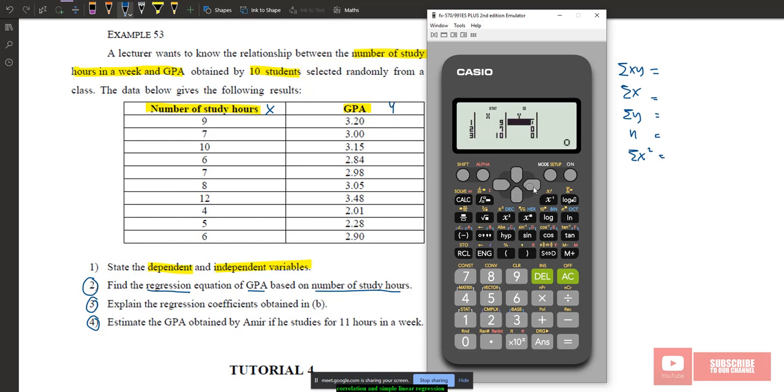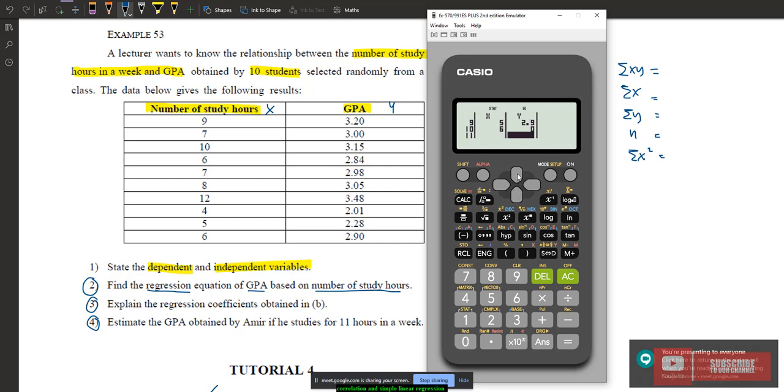Now I begin to input for Y: 3.2, 3.15, 2.84, 2.98, 3.48, 2.01, 2.28, 2.90. Oops, something is wrong.